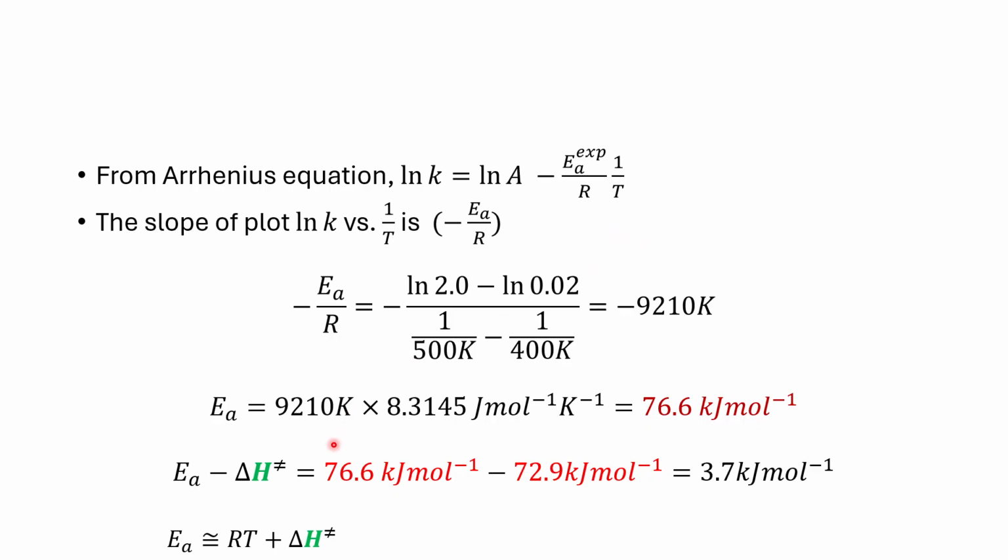Just like what we did for delta H activation on the previous slide, we find Ea from the slope of a plot of ln k versus 1 over T. The slope is equal to negative Ea over R. Using the rate constants we were given, k equals 0.02 per second at 400 Kelvin and k equals 2 per second at 500 Kelvin, we can calculate the slope from the y coordinate difference and the x coordinate difference.